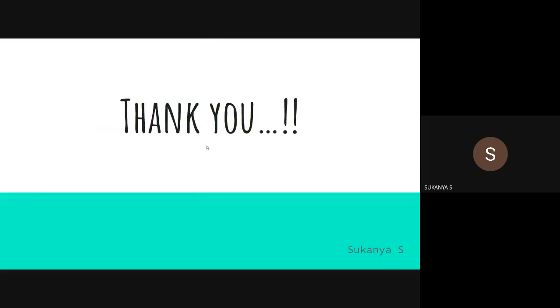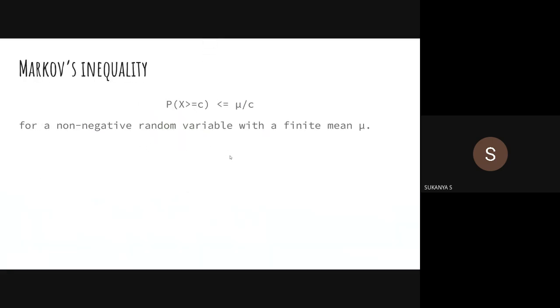Now, we have Markov inequality. I guess problems with Markov inequality and Chebyshev inequality are very important. They have repeatedly come. I guess no term has missed it. So practice upon it. If x is a random variable, probability of x greater than or equal to any constant c is less than or equal to mu by c, where mu is the expected value of x.